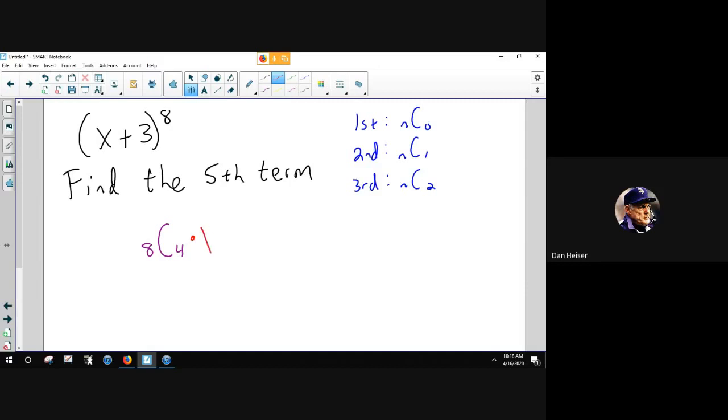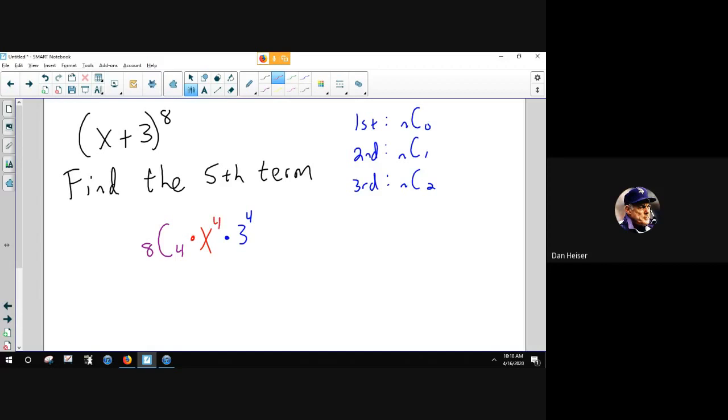I have x to a power, and I have 3 to a power. This value matches the power of 3. I have 8 powers total. I've used 4 of them here. That means x gets 4.